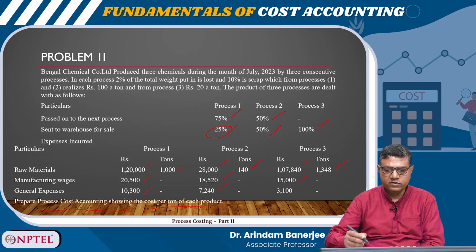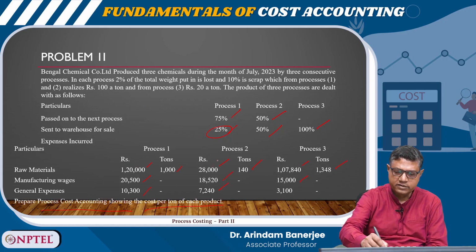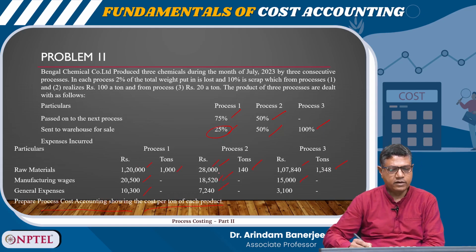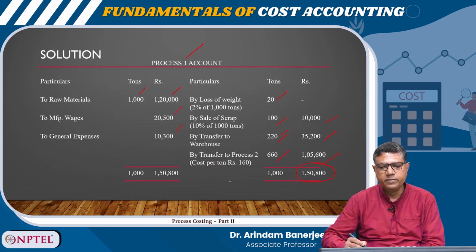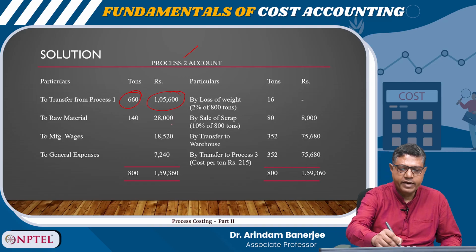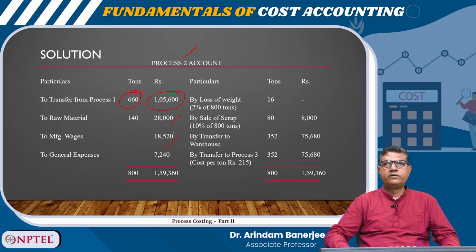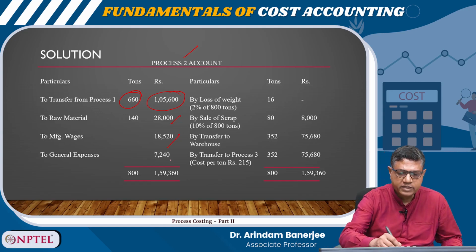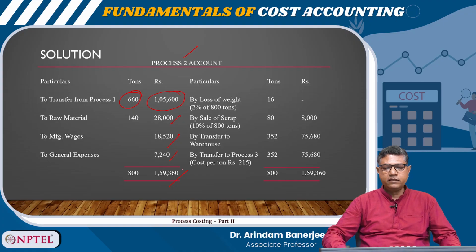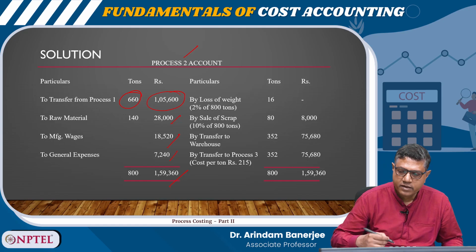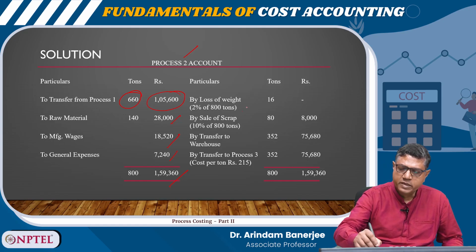In process 2, the raw material is 28,000, manufacturing wages 18,520 and general expenses 7,240. The total is 1,59,360. Out of it, again 2% is a loss.